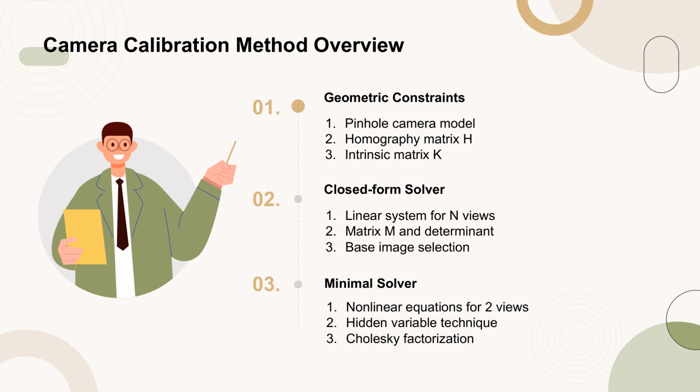The transformation between the image plane and the calibration target plane is governed by a homography matrix H. For multiple views, a closed-form solver is proposed, which models the problem as a linear system. This involves calculating the determinant of matrix M and selecting a base image. In the case of only two views, a minimal solver is introduced, which constructs a nonlinear equation system using the hidden variable technique and solves it via Cholesky factorization.